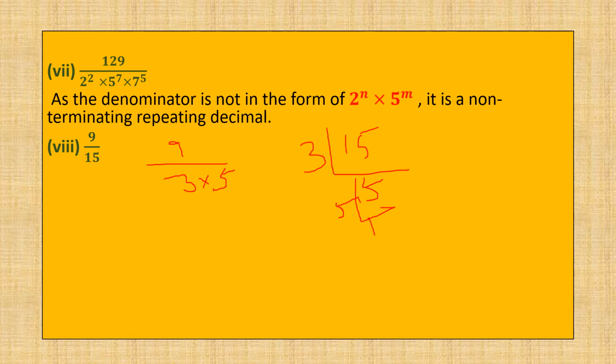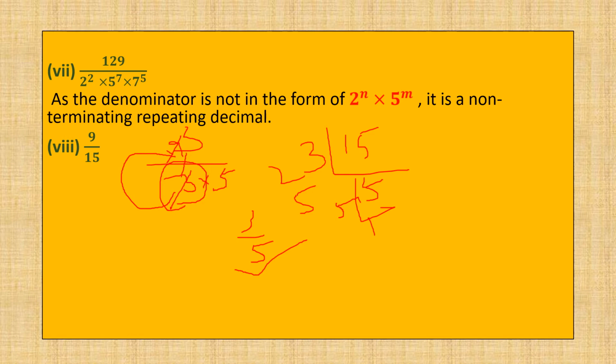Here, just now I told that if there is another friend apart from 2 and 5, you should check the numerator. 9 is a multiple of 3, right? So I can cancel this 3. 9, 3 ones 3, 3 3s 9. So I'll get 3 by 5. If you get 3 by 5, in the denominator you will have only 5. Only 5 can also stay at home, but it will not let other numbers enter.